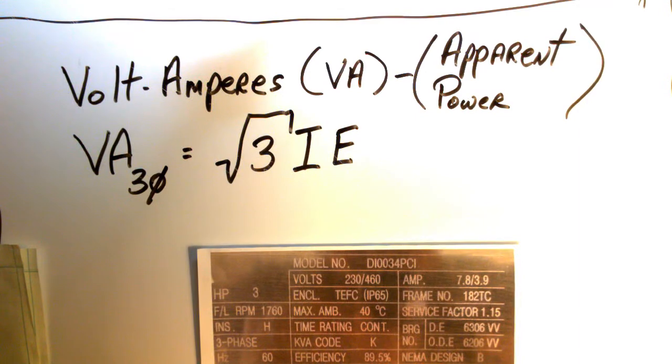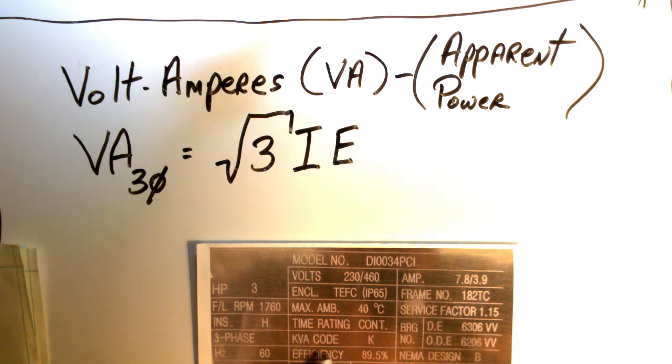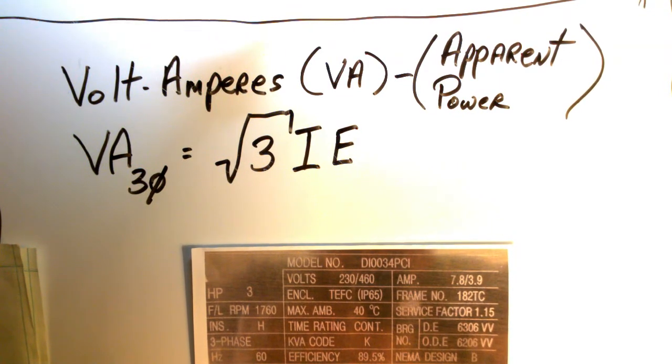So let's pursue this a little bit, okay? We have a locked rotor code of K, and that means, if you remember, a range of 8 to 9 kVA per horsepower, right?